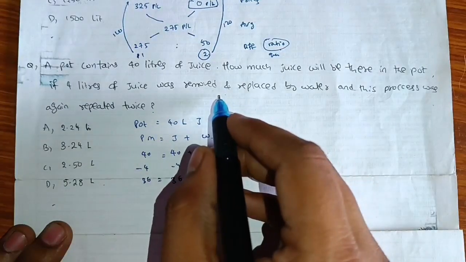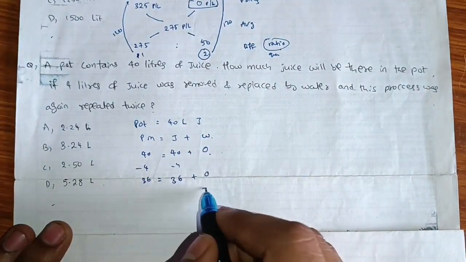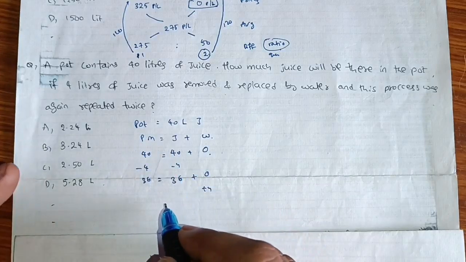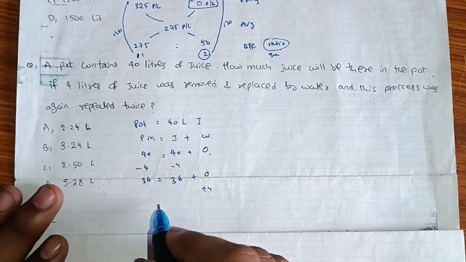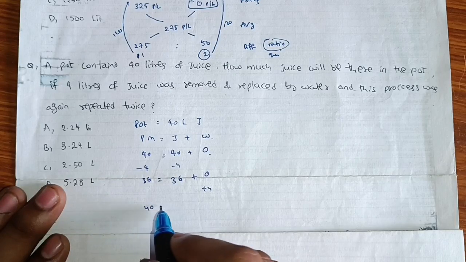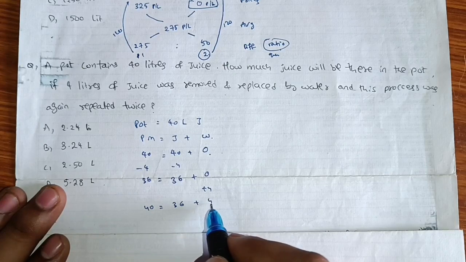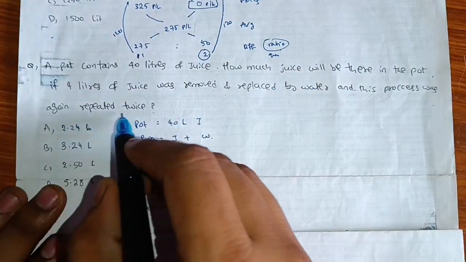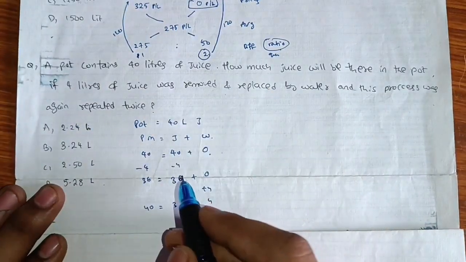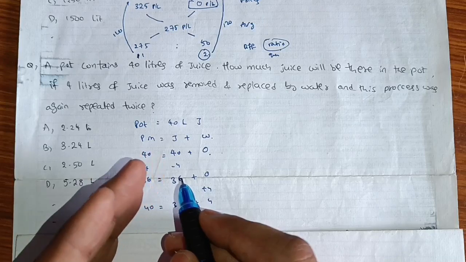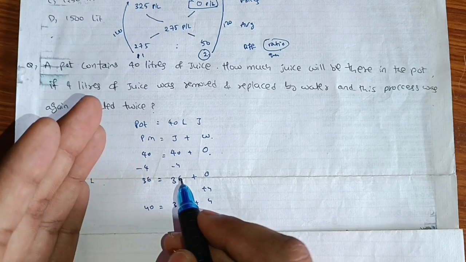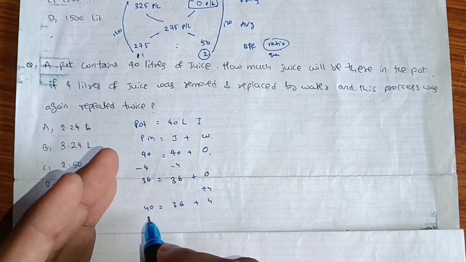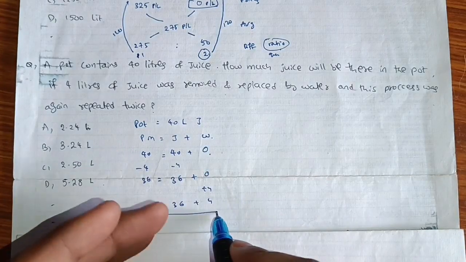Here the water is 0, and 4 liters of water is added, so the pot mixture is the same quantity, 40: it is 36 juice and 4 water replaced. This process is again repeated twice. So again 4 liters of the mixture is removed and water is added, repeated twice.